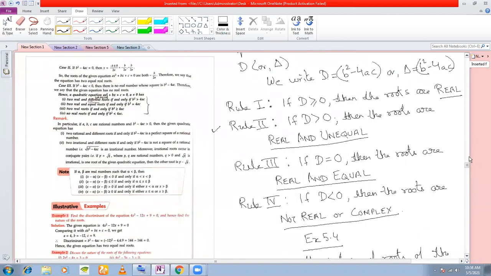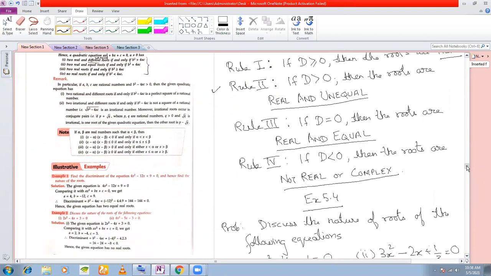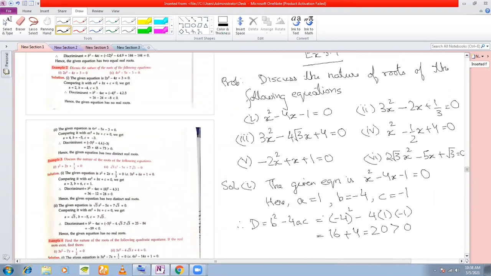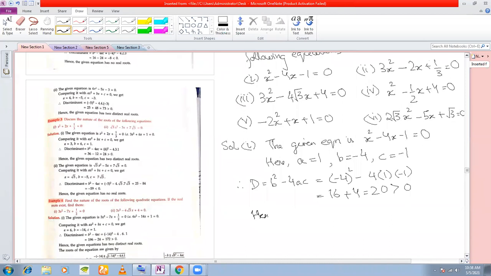So what can you say? The roots of this equation are real and unequal. Hence, the roots are real and unequal. Any questions on this? No questions? Fine, we'll proceed to the next one.